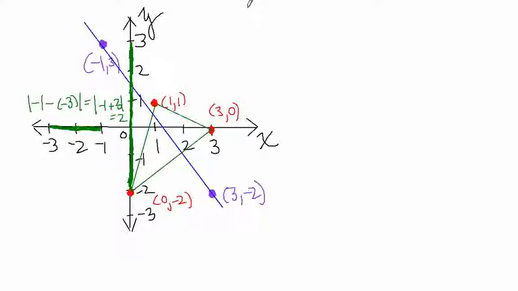So do that now. Okay, so I'm going to go ahead and do that. 3 minus -2, the absolute value of that is 5. So the length of that vertical green line segment is 5.